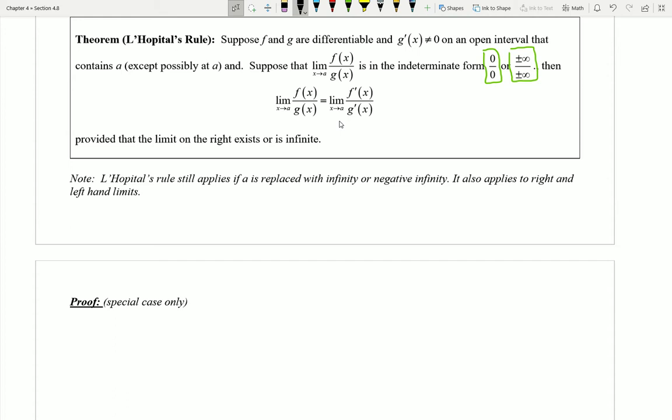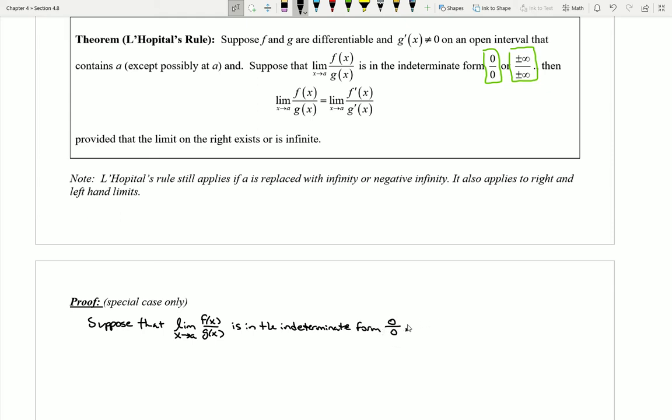So let's take a look here really quickly at the proof of a special case. And I'll start us off by at least highlighting what's going to be special about this particular case. So first off, let's suppose that when we're working with the limit as x approaches a of f of x over g of x, that we find that this is in the indeterminate form of 0 over 0.